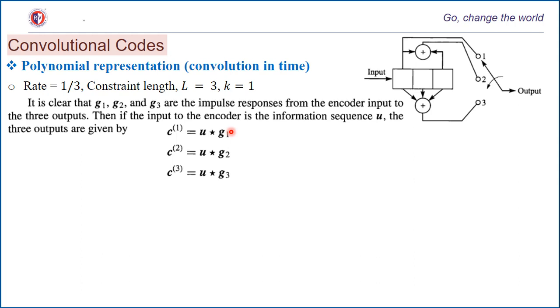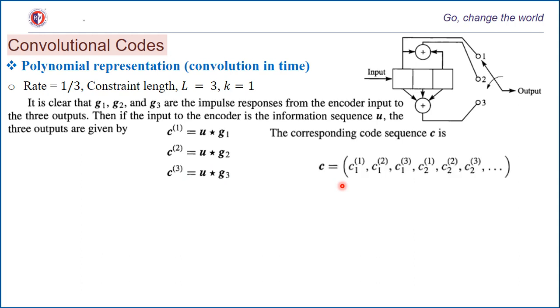Each polynomial is represented as g1, g2, and g3, and accordingly you have 3 bits for the code word. And the corresponding code sequence in general can be written as, say for the first timestamp, where the subscript represents the timestamp, at t1.